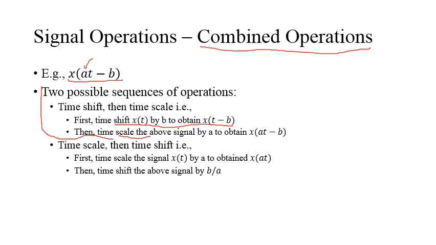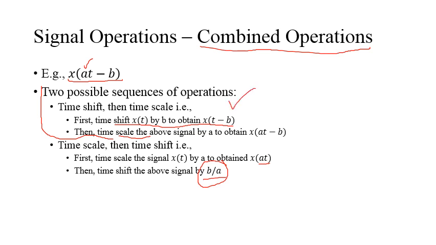The second way we can do is to time scale first. So first we scale the signal by a factor of a, and then to shift the signal we have to shift it not by b, but by the value of b by a. So I think that's why I prefer that you opt for the first method. That's quite straightforward.